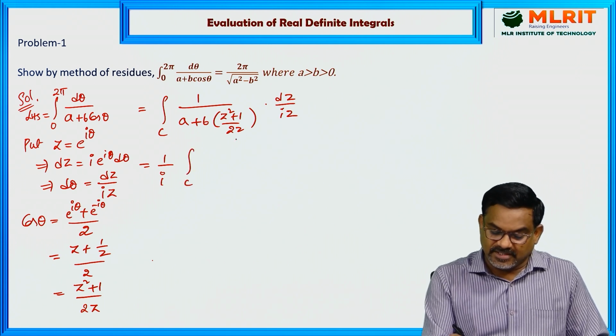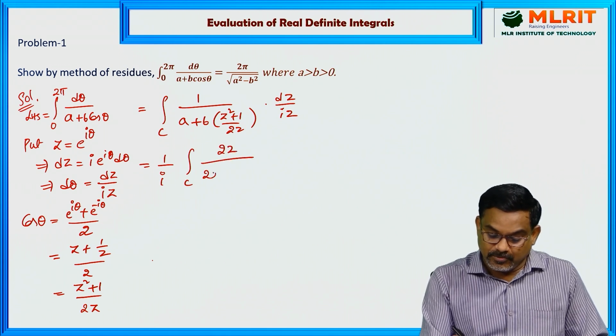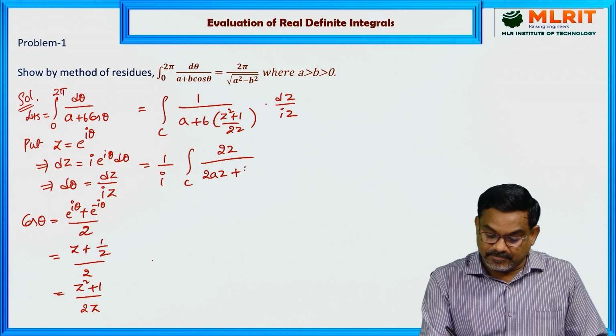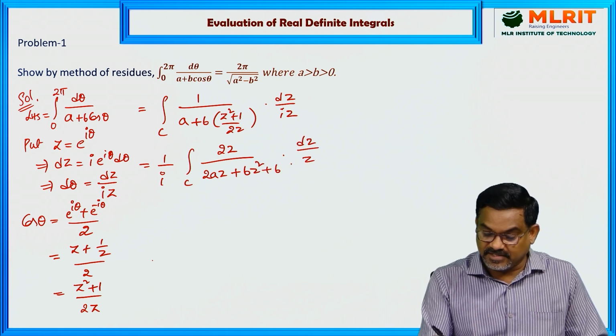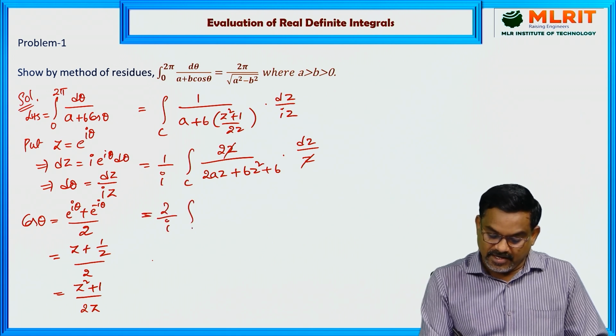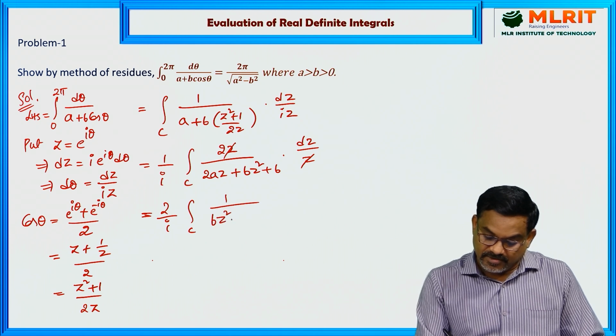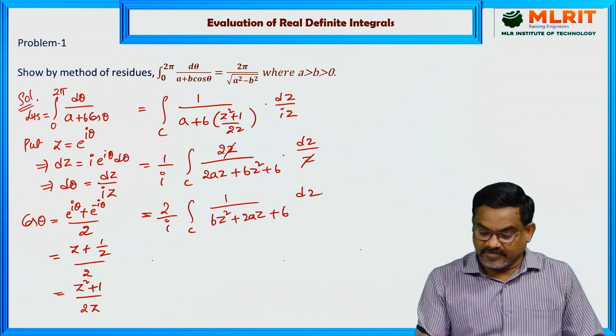Now simplify this. Here the LCM is 2z, which comes to the numerator: 2z by (2az plus bz square plus b) into dz by z. So these two get cancelled. So it is 2 by i along the curve C, 1 by (bz square plus 2az plus b) dz.